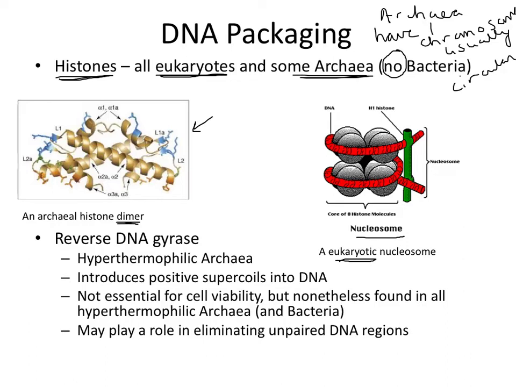In eukaryotic nucleosomes, what we typically see are 8 histone proteins organized with double-stranded DNA coiled around them. And what we see in Archaea is that archaeal nucleosomes have 4 histones per nucleosome.